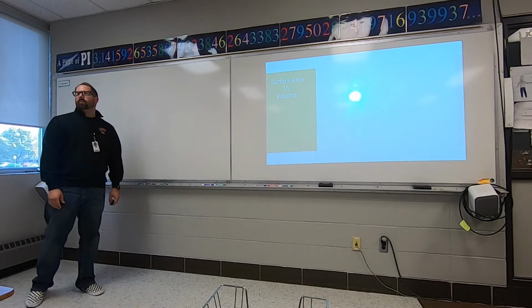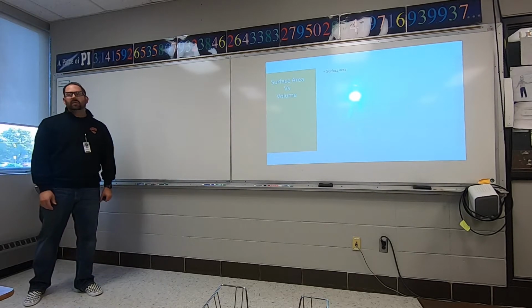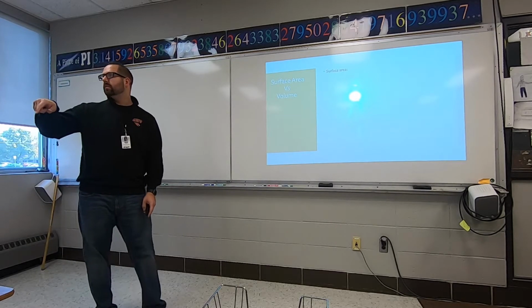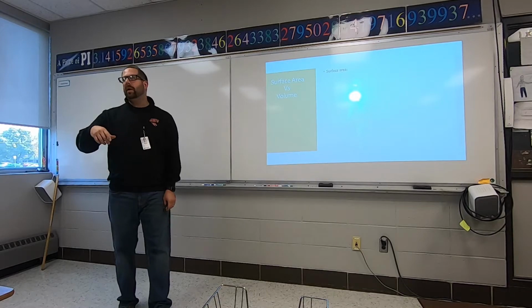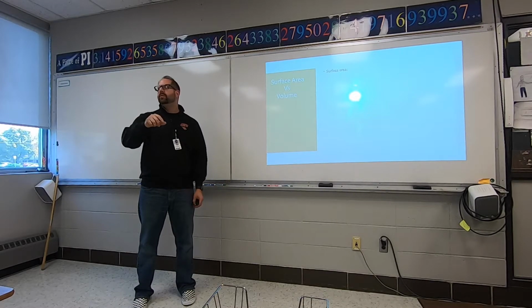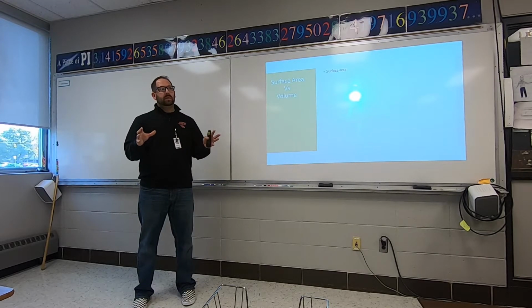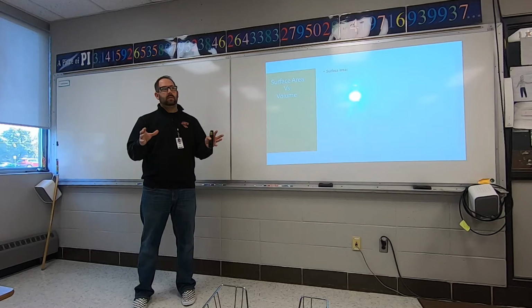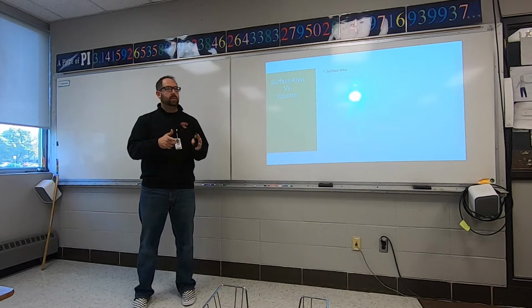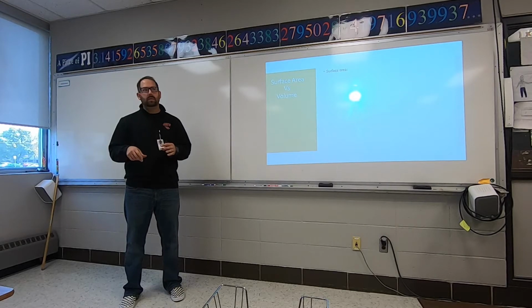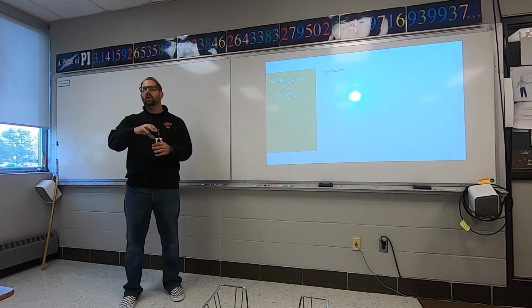All right, so let's talk about surface area, the definition of it, what surface area is, right? We talked about area. So what do we know about polygons and area? How would you define area to somebody? It's the space in between the border of the shape. Yeah, it's the space in between, right? But what is the number we describe it as? It's the number of squares on the object.